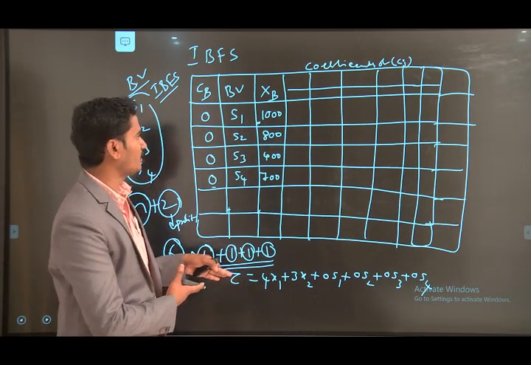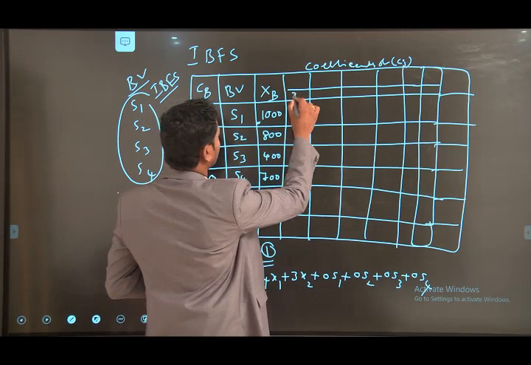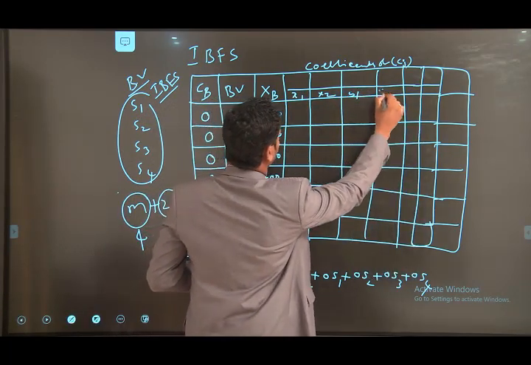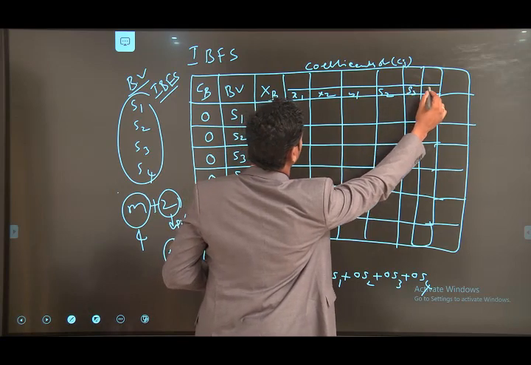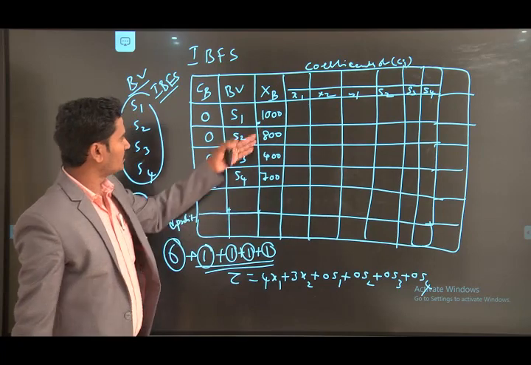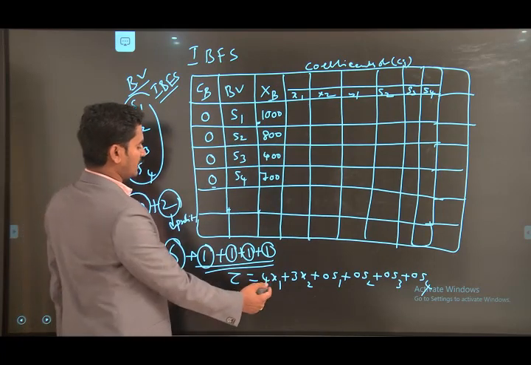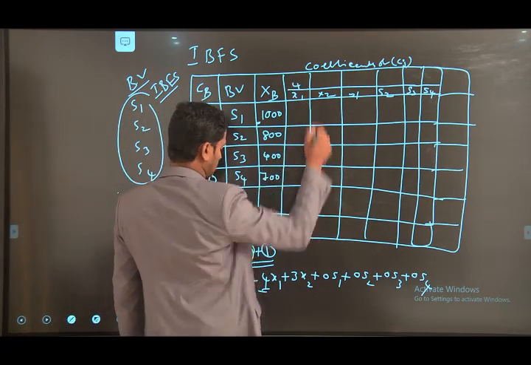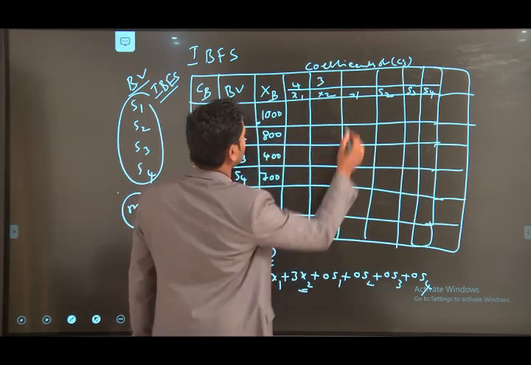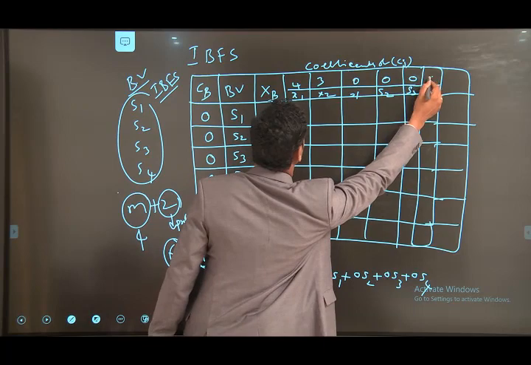Total 6 variables, and we take them here: x1, x2, s1, s2, s3, s4. What is the coefficient value of these variables? At x1 we have 4, x2 we have 3, s1 0, 0, 0, 0.